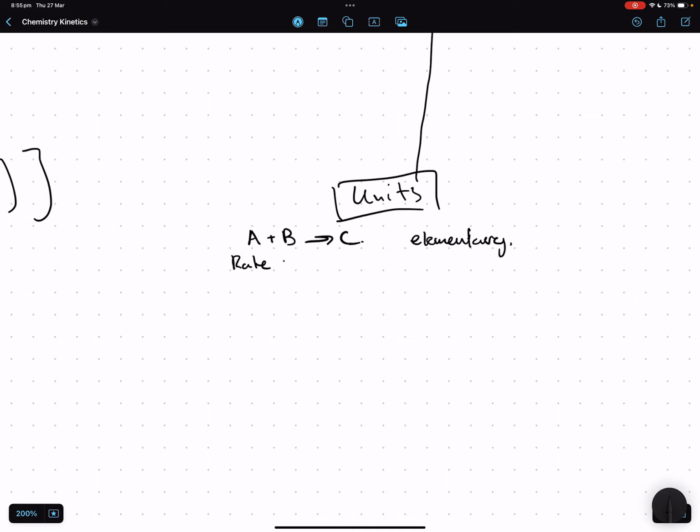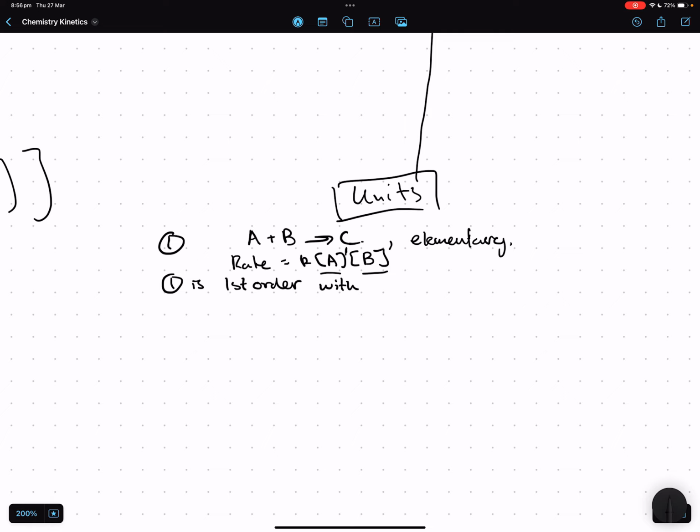So the rate is going to equal k times A times B, each raised to the first power, because that's how the elementary step works. When we talk about the order overall, it's the sum of the orders of the reactants. Let's call this equation 1.